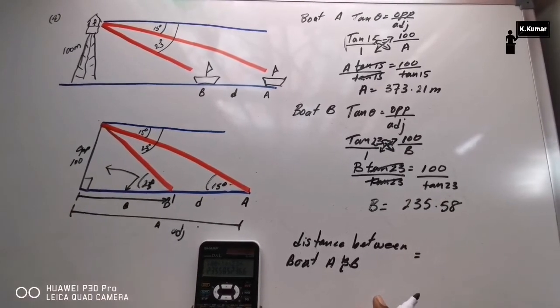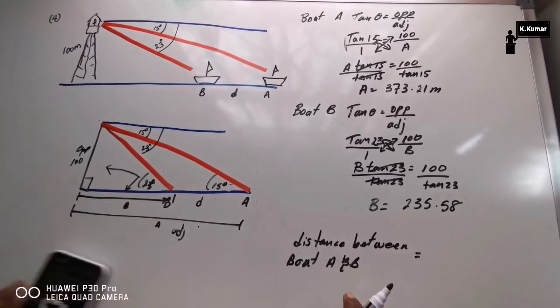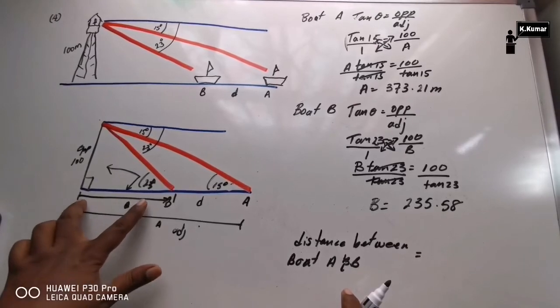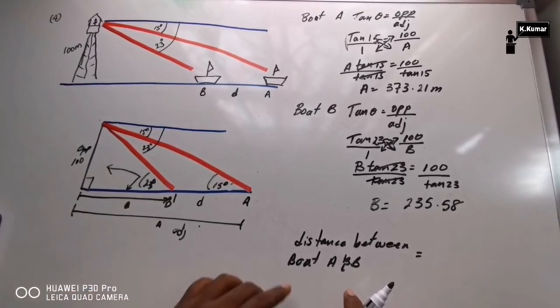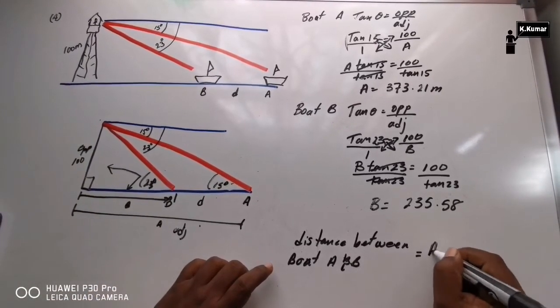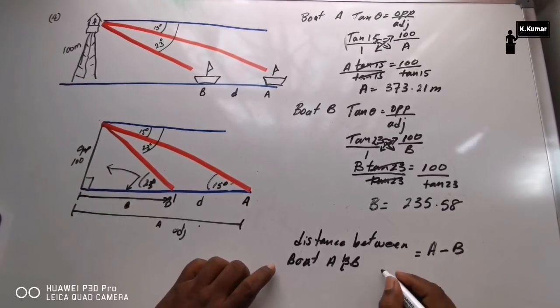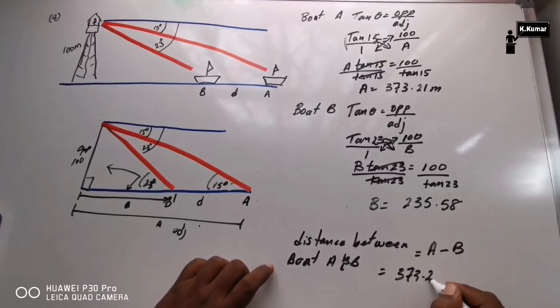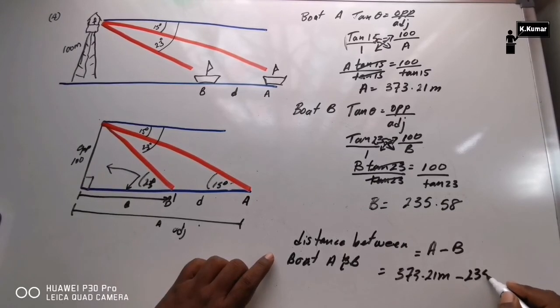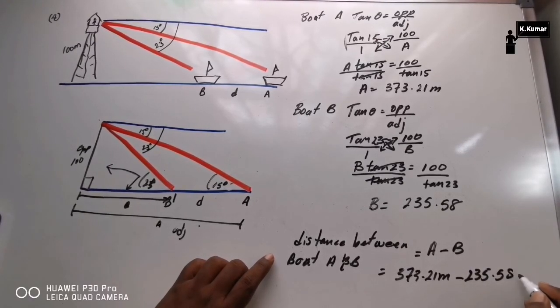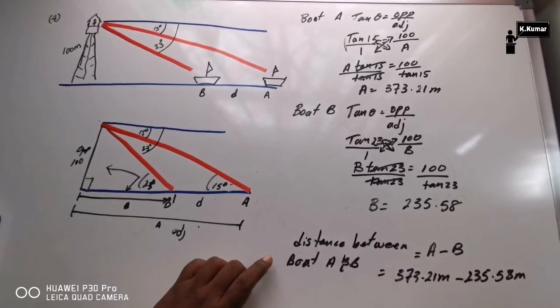235.58. Now the distance between boat A and boat B, you're subtracting B from A, so it would be A subtract B. A is 373.21 meters, subtract B, which is 235.58 meters.